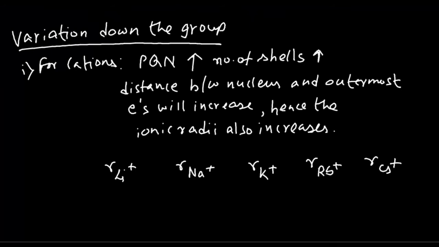So cesium will have the highest ionic radii because it has the largest number of shells. So the attraction between the nucleus and the outermost shell will be lowest for cesium plus. So the ionic radii will follow this order: lithium, sodium, potassium, rubidium, cesium. This will be the order of ionic radii.